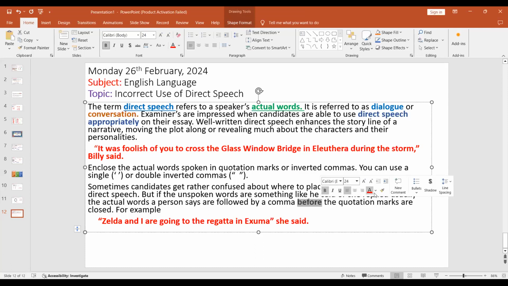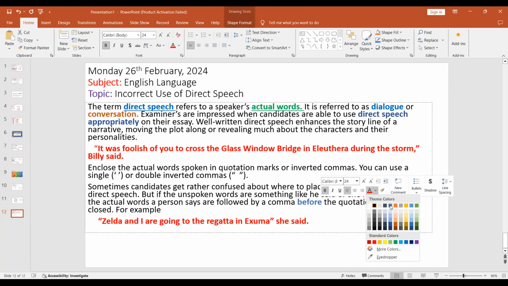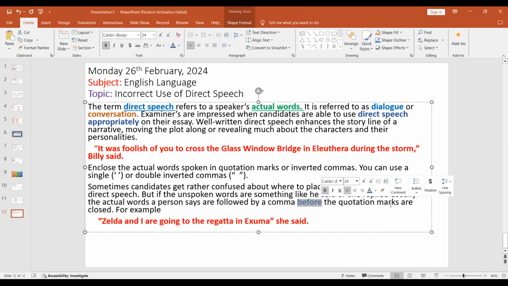So where are we gonna put the comma? Between Exuma and she, very good. The comma goes before the quotation mark closes.